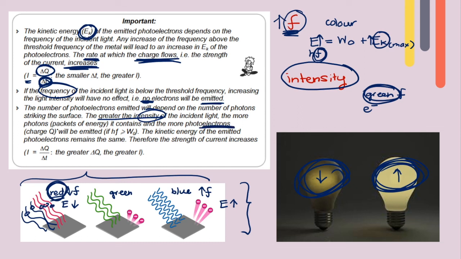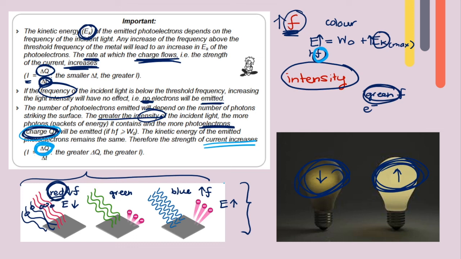In other words, there will be more charge emitted. It will not change the kinetic energy of these electrons. They will still move at the same speed. Very, very important. Because in this case, when we change the intensity, we don't change this value. We're only changing how many packets we are releasing. Okay. So since there are more packets, if these packets have enough energy, we're going to find that the current will also increase. But nothing will happen to the kinetic energy.